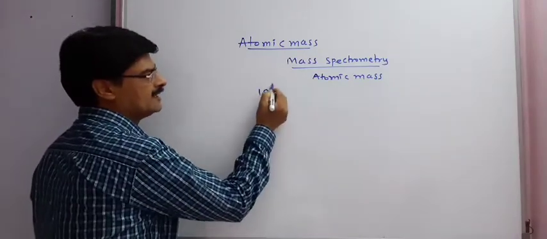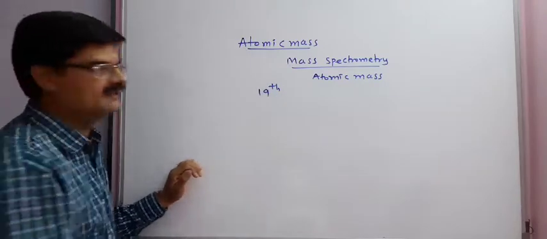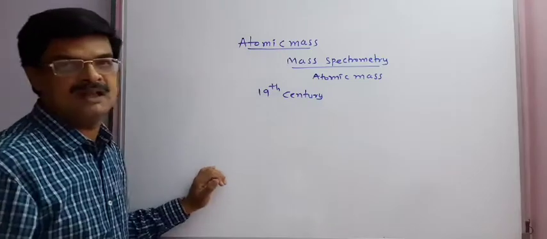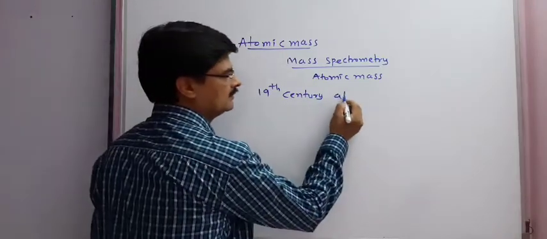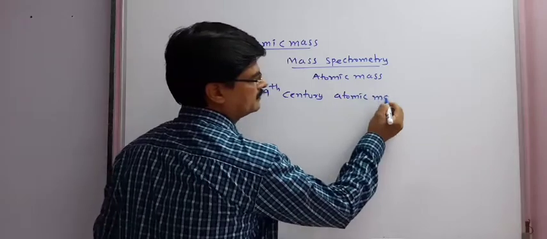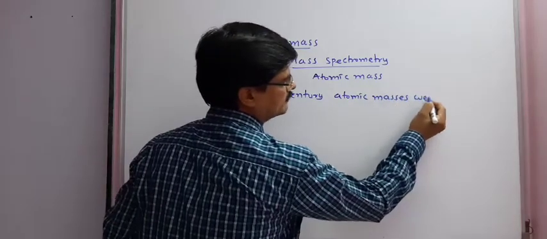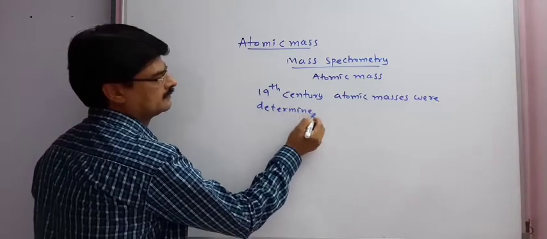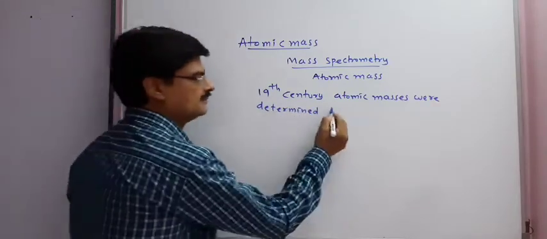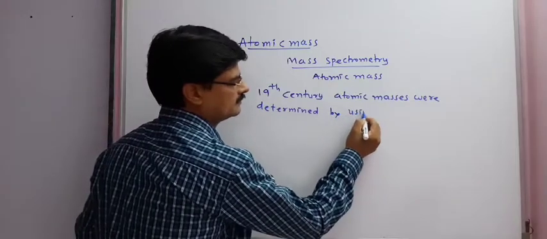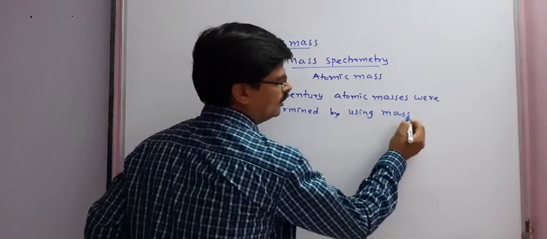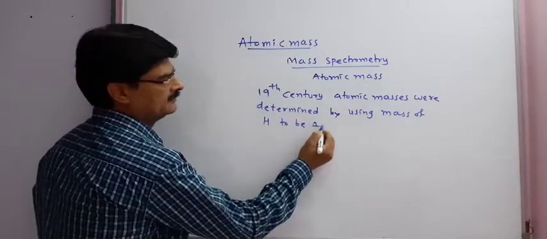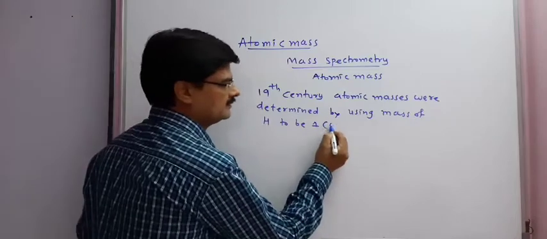But in the 19th century, atomic masses were decided by taking the mass of hydrogen to be 1 without any unit.